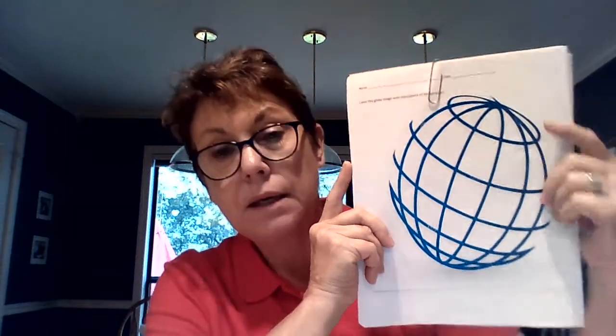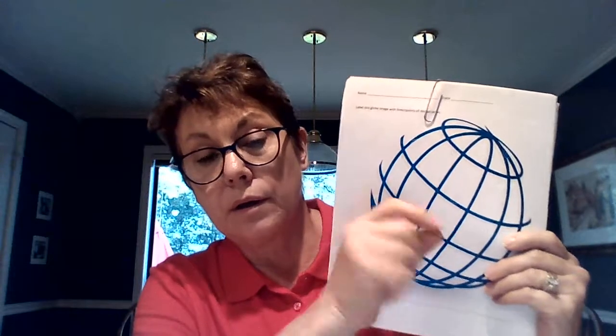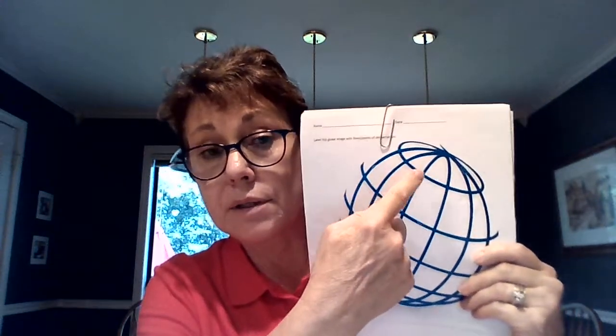Now, this is going to be the one that's probably going to be the most challenging for you if you've not been able to upload assignments. This one, you can click on the globe and save the image on your computer, print it out, and then you can do it by hand by marking the different lines, like the prime meridian and the international date line.